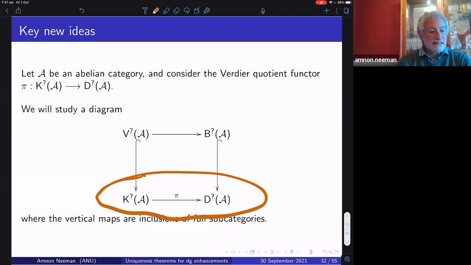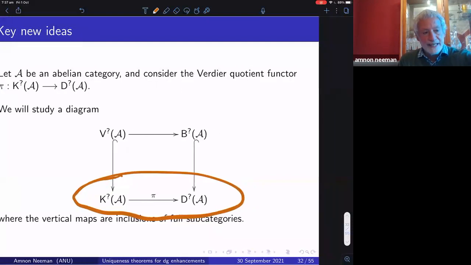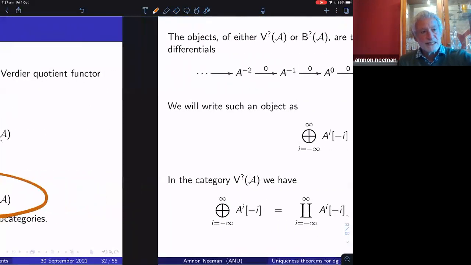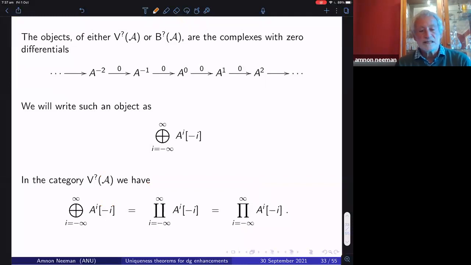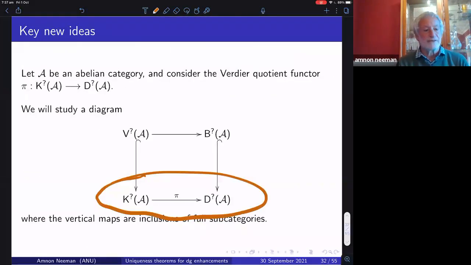And then inside both categories, we consider the full subcategories of complexes with zero differentials. So in other words, B of A and V of A have the same objects. The objects are the complexes whose, okay, going back to this diagram, K of A and D of A have the same objects.